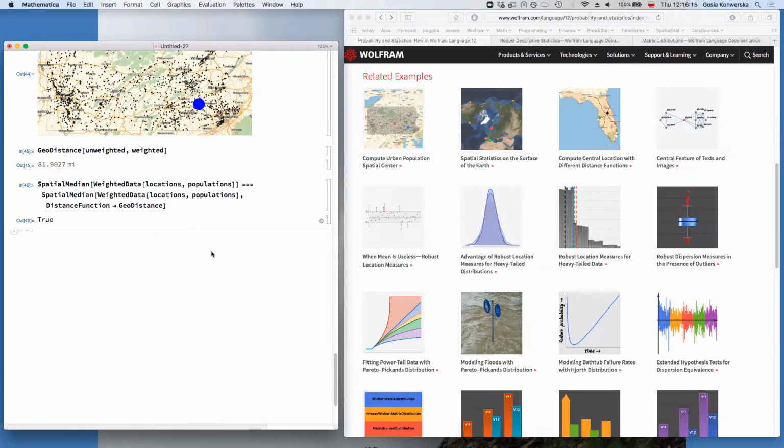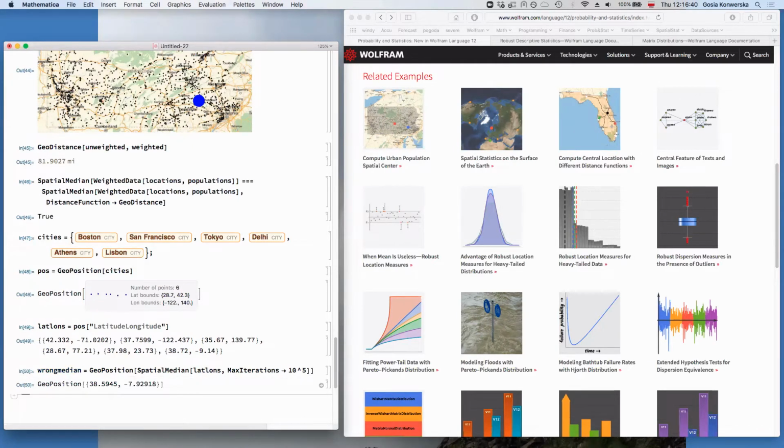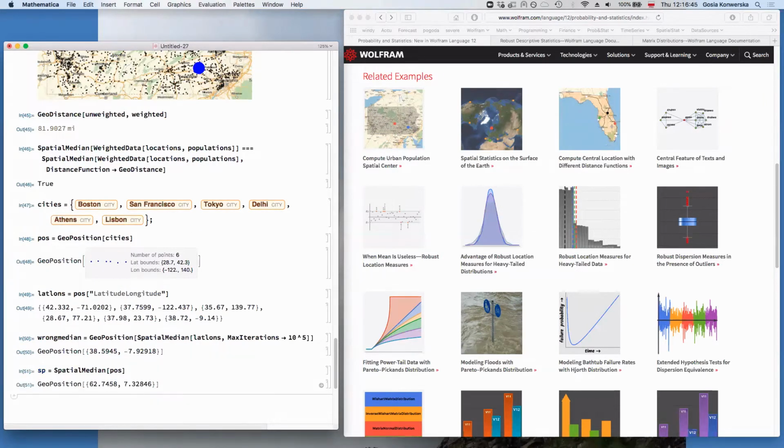It is fine to use the tangent plane for the local approximations, yes, but if we look at, for example, cities around the globe, like this, right? And then once you look at the longitude and latitudes and find, as I call, wrong median with them, and then compare it to the other median, you see that that's a huge difference.